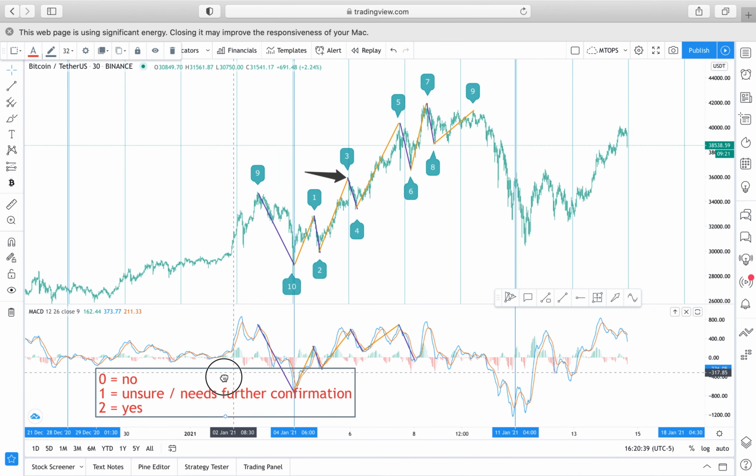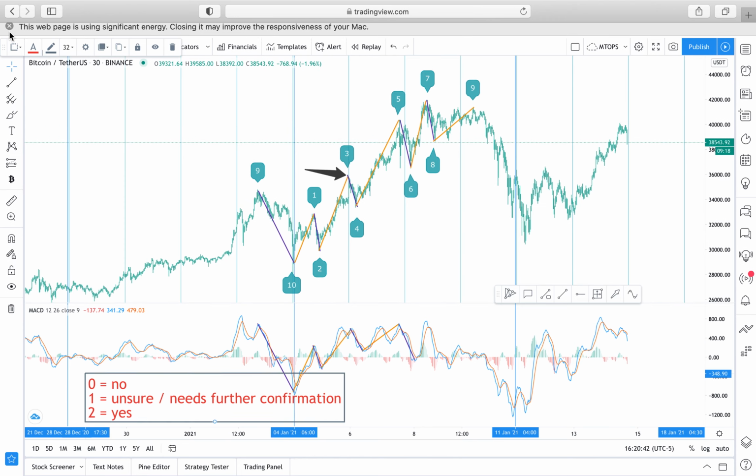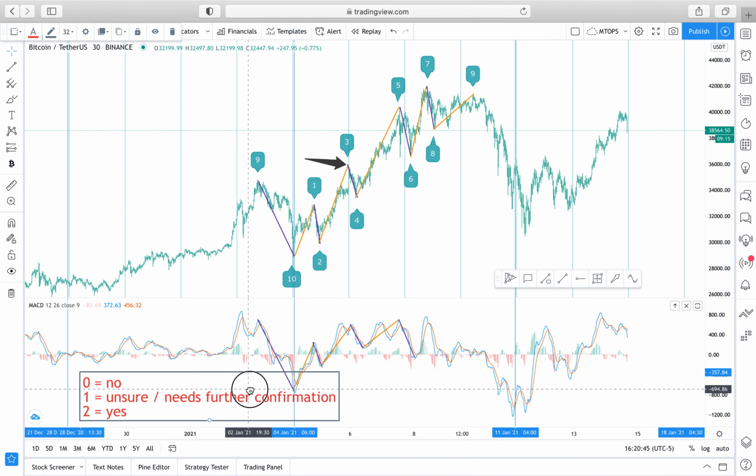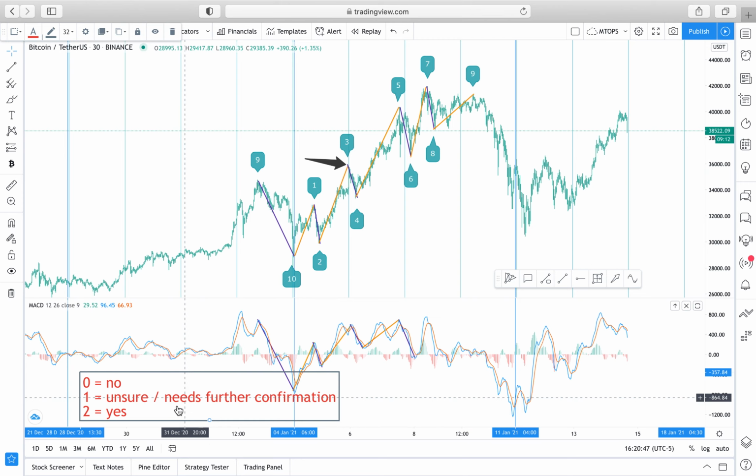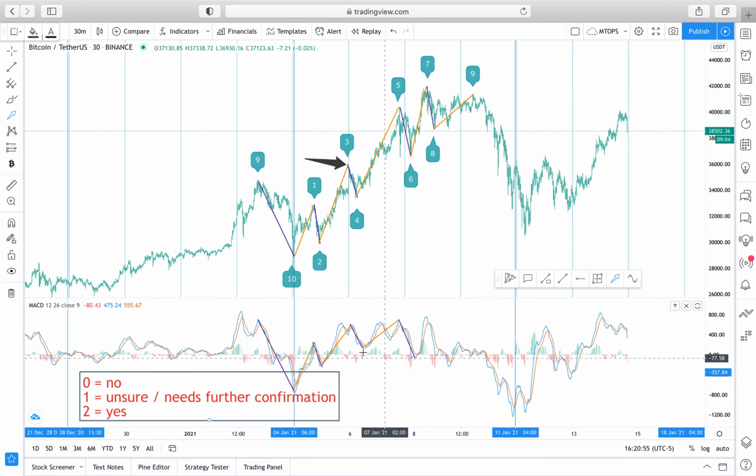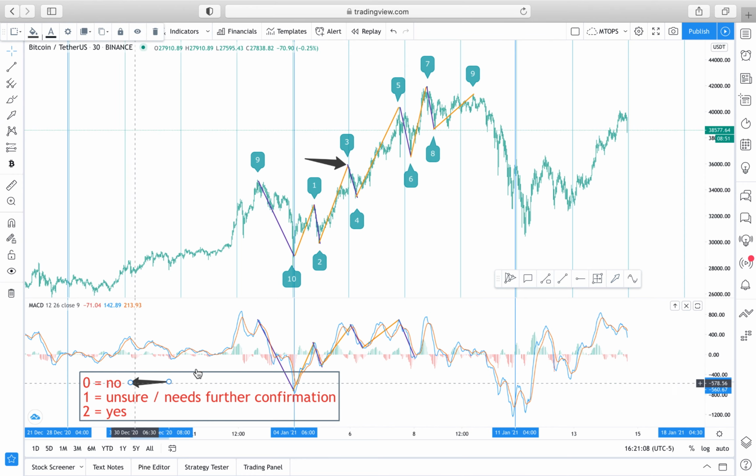All right, so now you see that text. Let's put that to use. So as you know, with the MTOPS criterion, we get scores of either 0, 1, or 2. So if we have a look around here, to get into an environment where the price is flat and it's not showing complete indication of whether it wants to go up or down, we'll give it a no. Now, can you see along here where it is flat and uncertain, or just straight up flat?